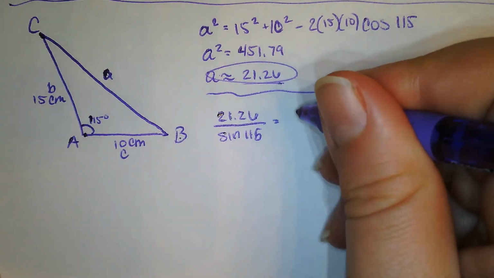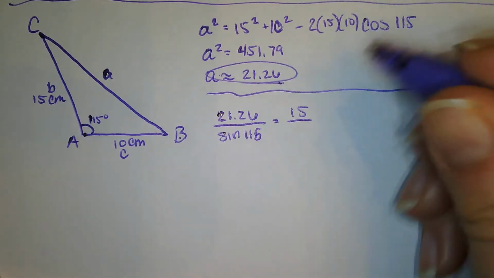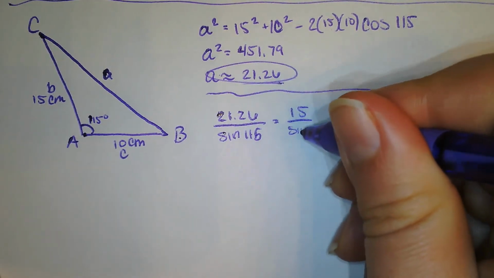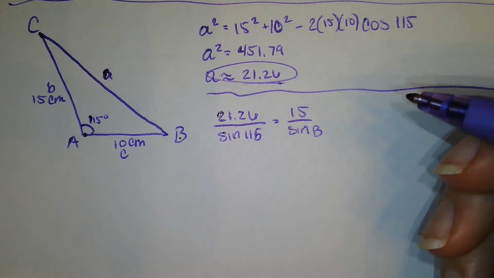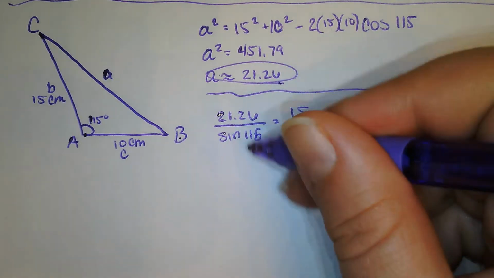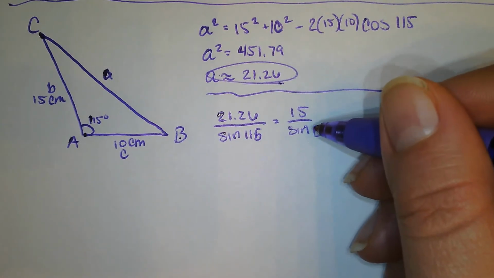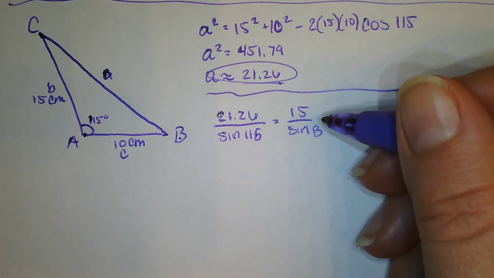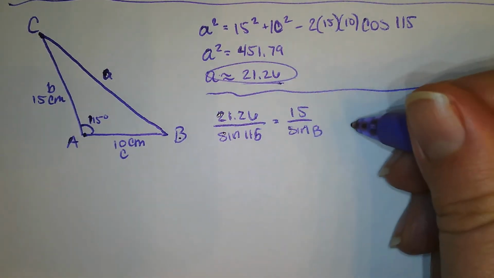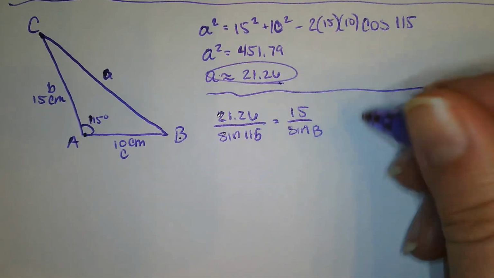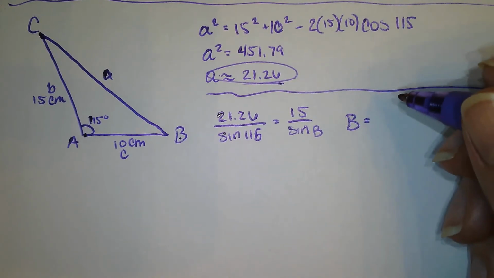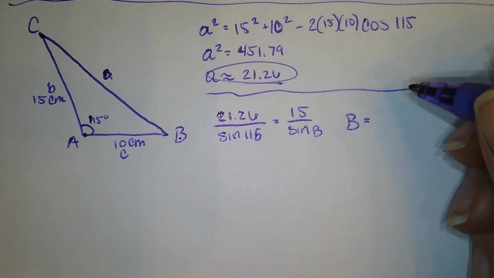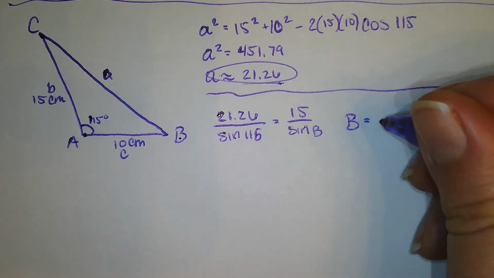So side B, 15, over sine of B. And anyhow, cross multiply, and I'm going to tell you that angle B is going to end up equal to 39.75.